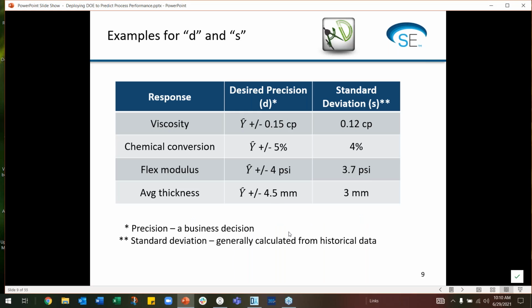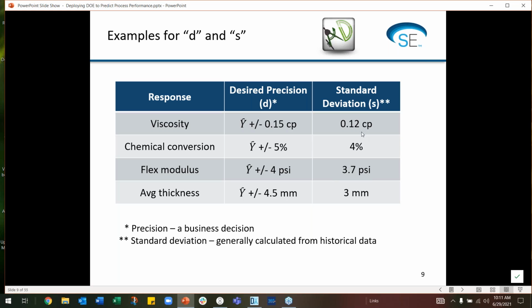Here are a couple more examples for D and S. You might have a viscosity measurement, or a percent conversion, or maybe a percent yield. Might have flex modulus, average thickness, whatever your response measurement is, you have to determine what is your desired plus or minus precision.